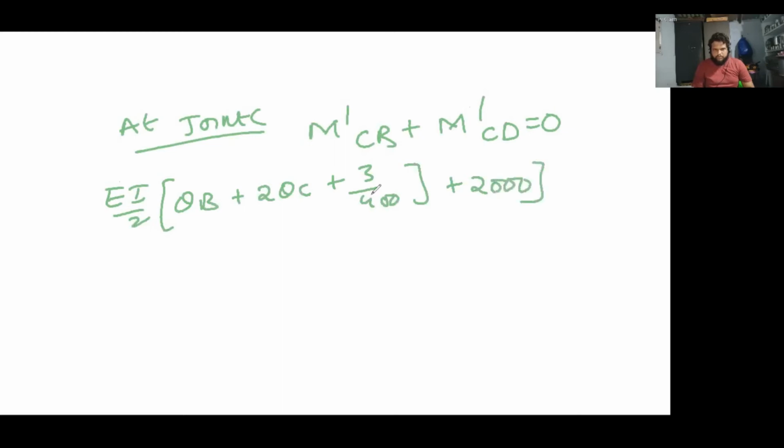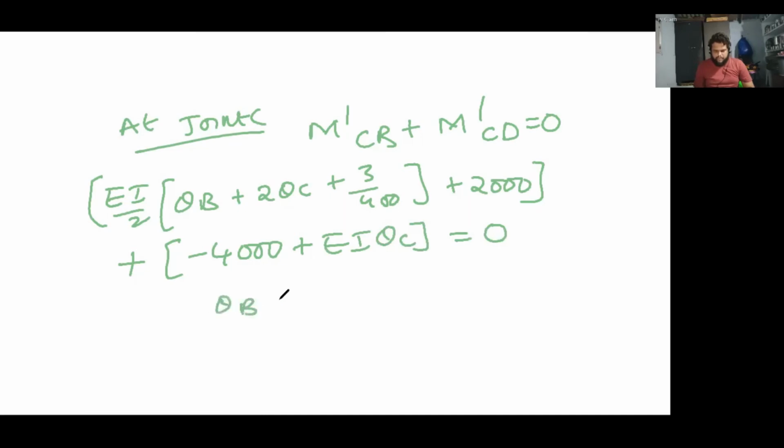So this is M dash CB, and M dash CD is minus 4000 plus EI theta C. So this must equal 0. Again, if you solve this equation, your equation will be theta B plus 4 theta C equals minus 5 by 800. So this is equation number 8.